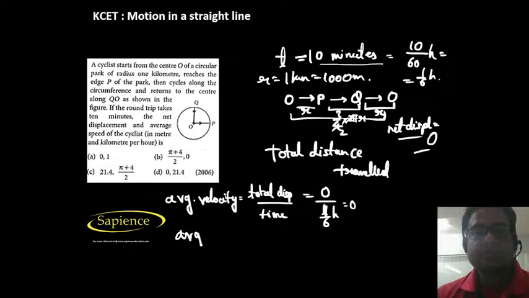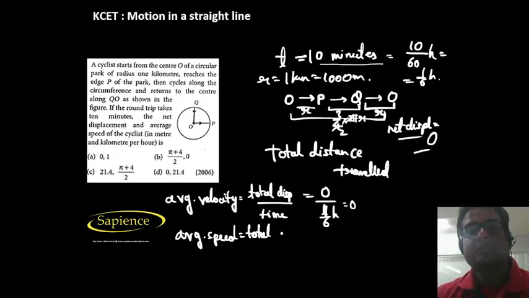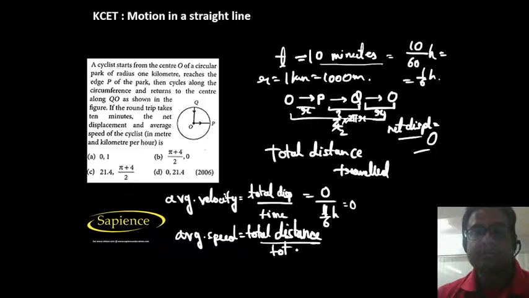But here it is asked to find the average speed, that is equal to the total distance by the total time.